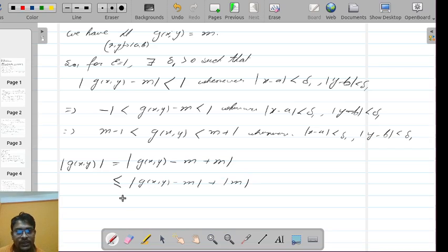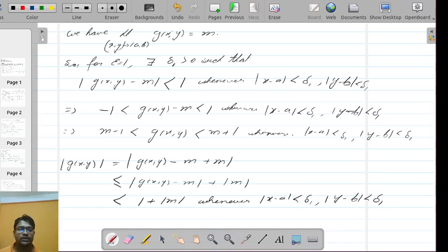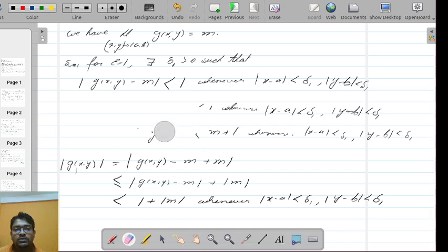This is by the triangle inequality, and this can be made less than 1 plus mod of m whenever mod of x minus a is less than delta 1, mod of y minus b is less than delta 1. So I have got an approximate upper bound for this mod of g of xy in some neighborhood of ab. That means now I am able to control the mod of g of xy. So these two lines are not required here, we can just avoid them.